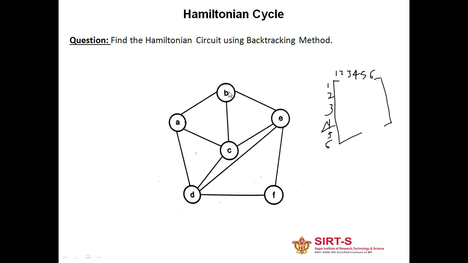If we start from A, see, A is 1. So A to B, A to C, A to D, we have a path. So 1 to 1 is what? 0. 1 to 2 is B, so 1 to B has 1. 1 to C, C is third, so we have 1. D is 4, again we have 1.